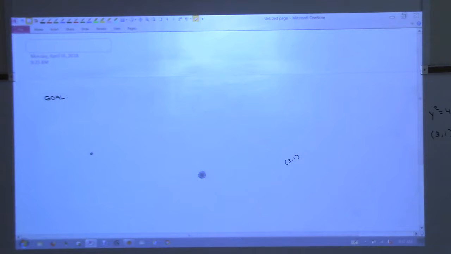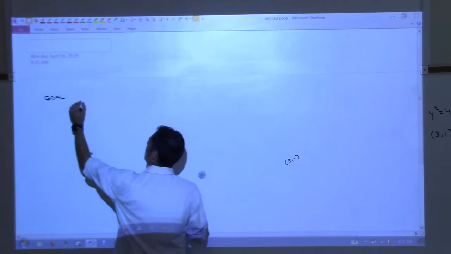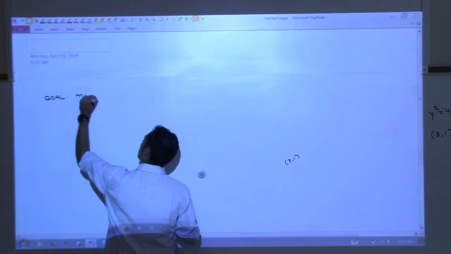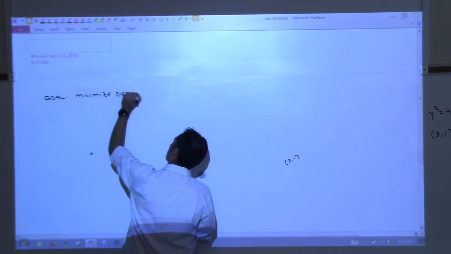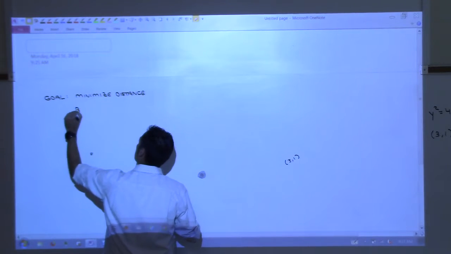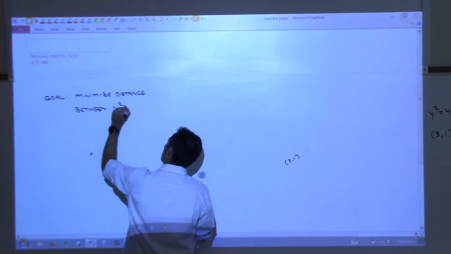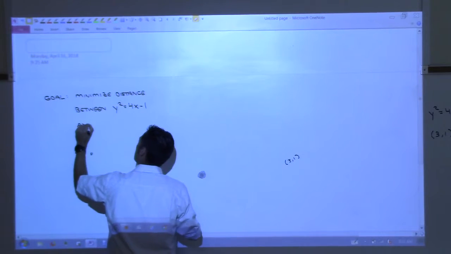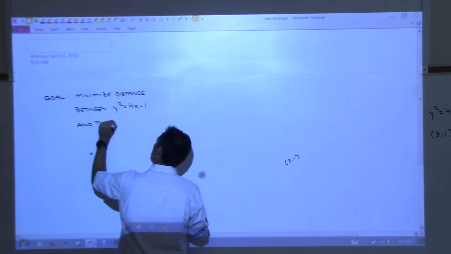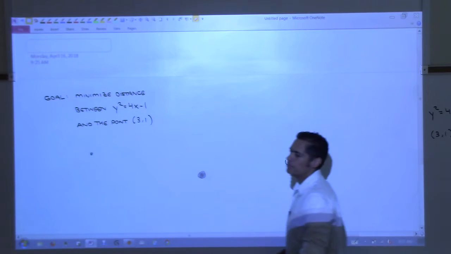Okay, so what do you want to do here? We want to minimize the distance. Let's write it down. Minimize the distance between y squared equals 4x minus 1 and the point 3, 1. Okay. Right?